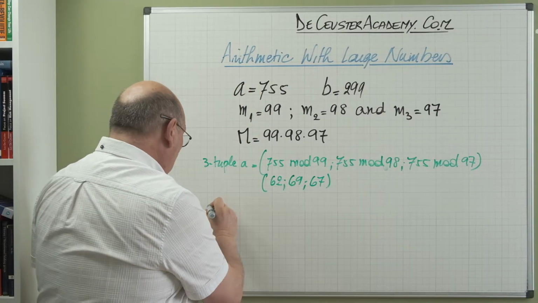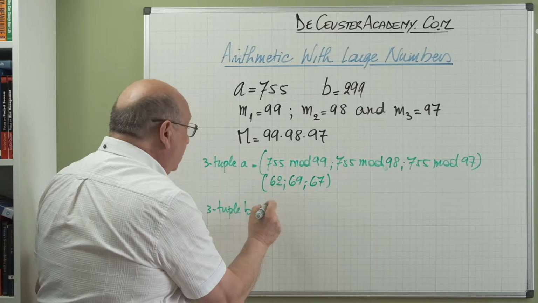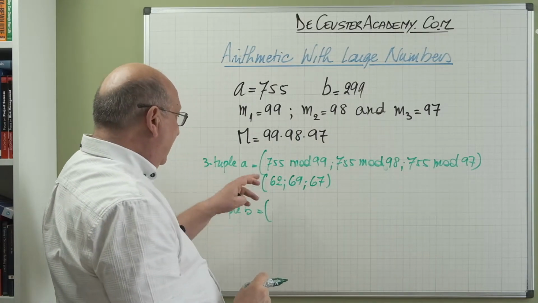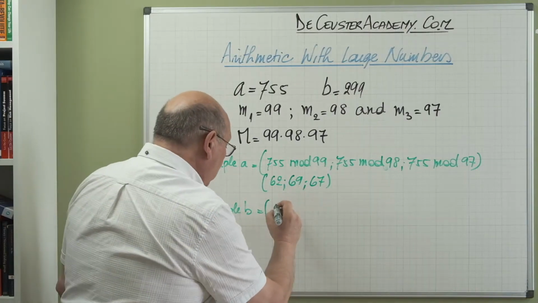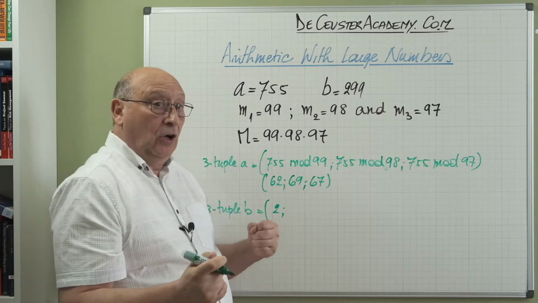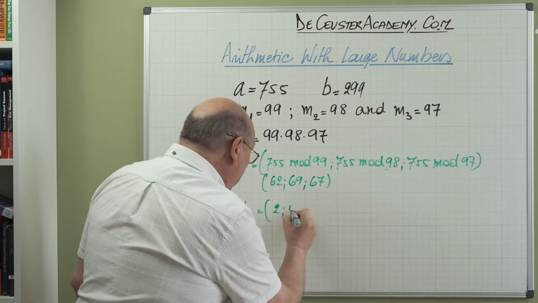Now we have the three-tuple for B, which is 299. So we have again here 299 modulus 99, which gives us 2. Then we have 299 modulus 98, which gives us 5.